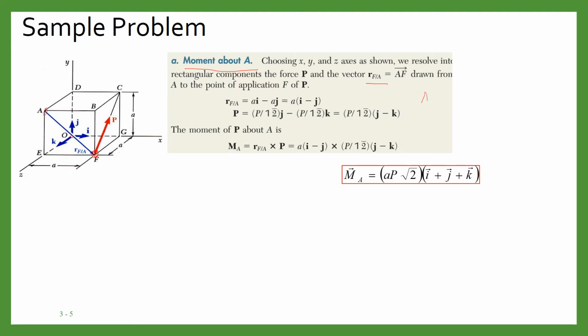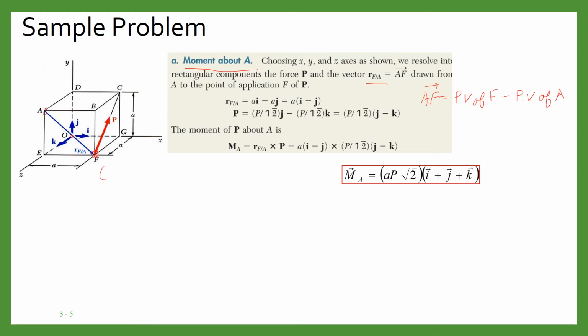So AF will be equal to position vector of F minus position vector of A.